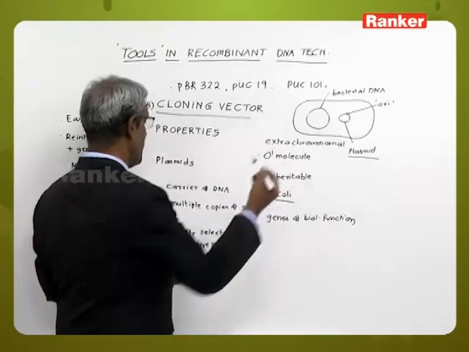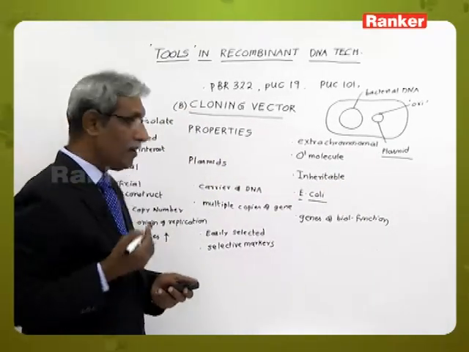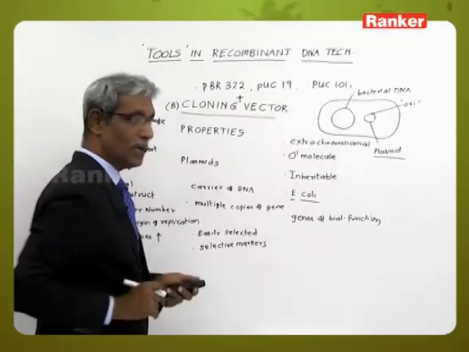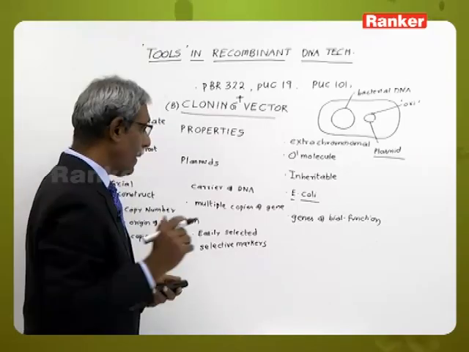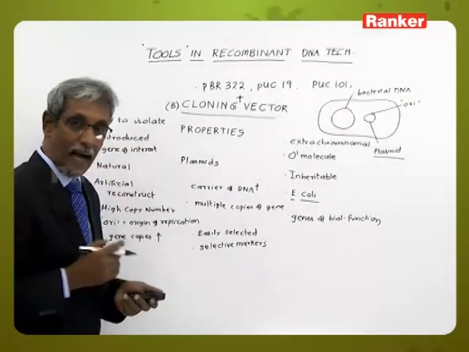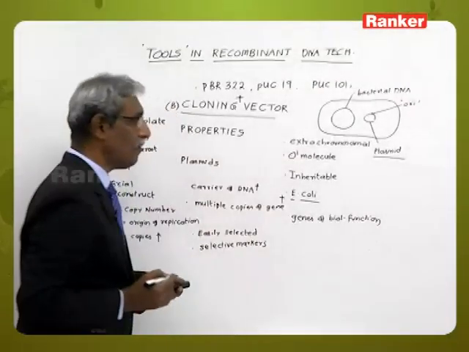Now, what are the characters of the plasmid? First thing is, the plasmid is the cloning vector, and the plasmid primarily is a carrier of the DNA. It can make multiple copies of your gene of interest.